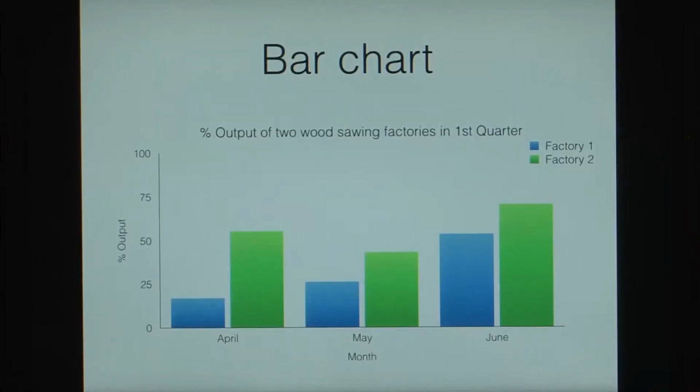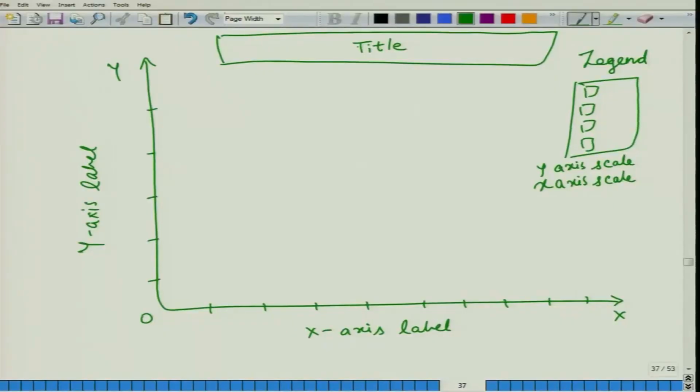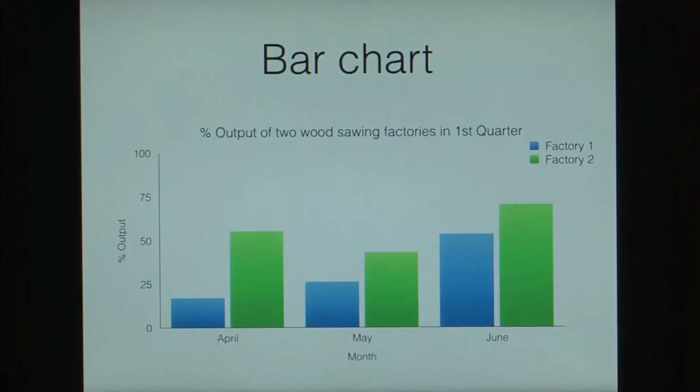Now, going back to our bar chart, it shows that in the first quarter, that is the months of April, May and June, we have two factories. Factory 1, as seen in the legend on the top right, is represented in blue color, and factory 2 is represented in green color.